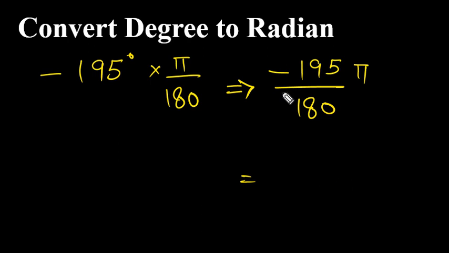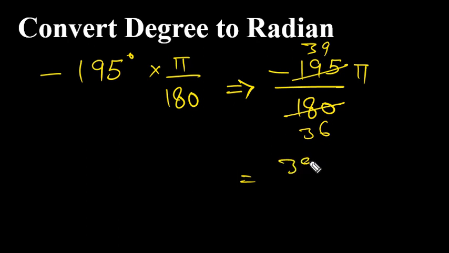So if I see what the common factor is here, if I do it with 5, then 5 times 3 is 15, 5 times 9 is 45, right? So that will give me 39, and this is 5 times 3 is 15, 5 times 36 is 180, so 36.